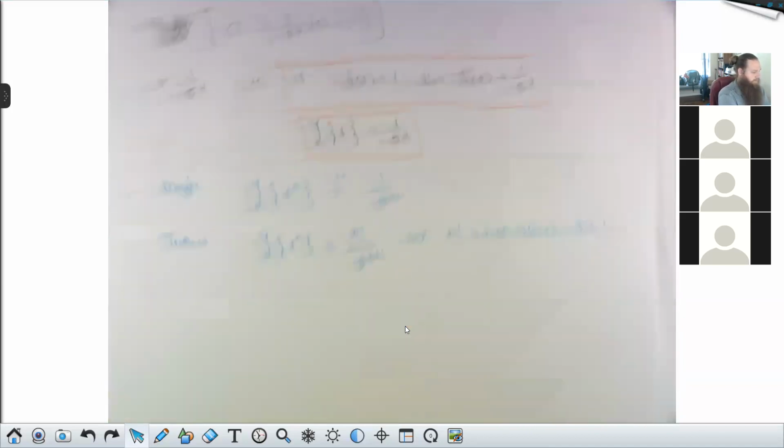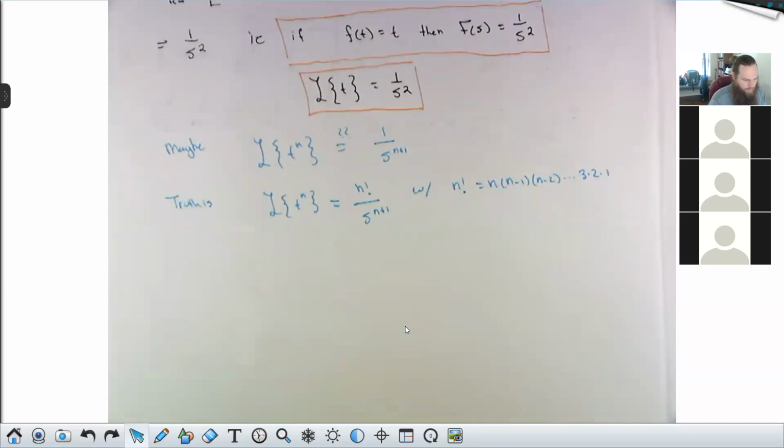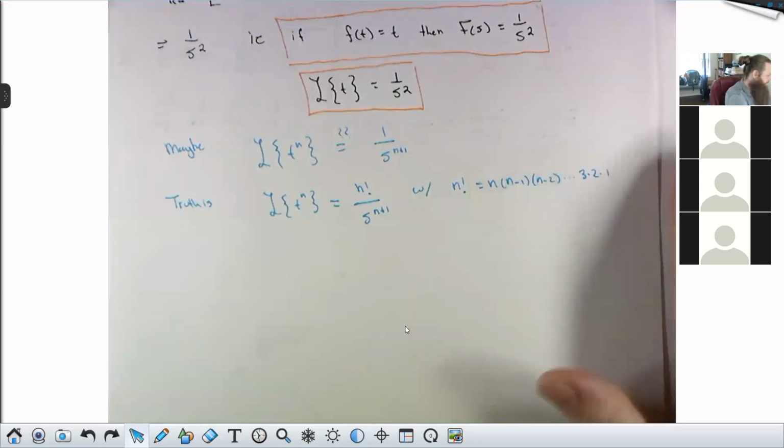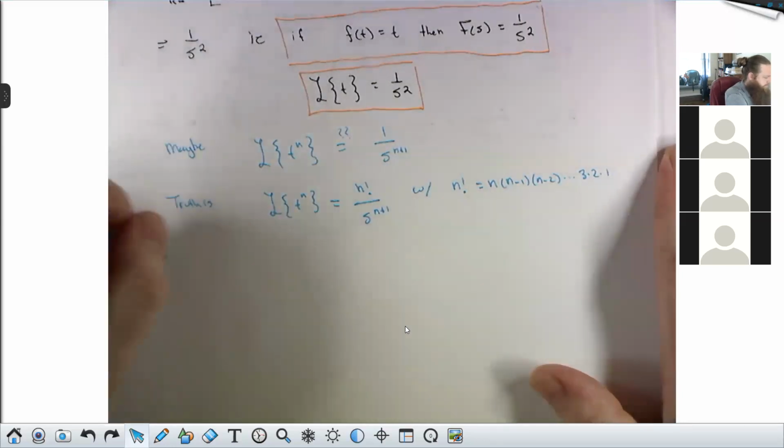It's the product of all the positive integers less than or equal to n. We can prove this without too much work using integration by parts and a little bit of hand waving. And so let's go ahead.